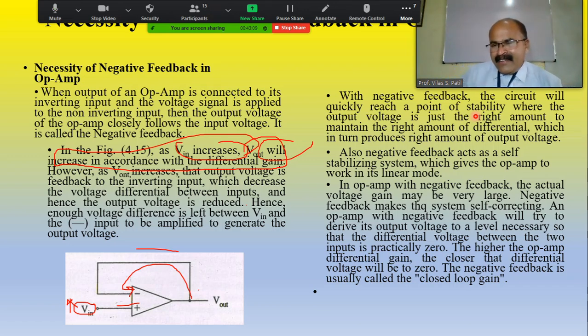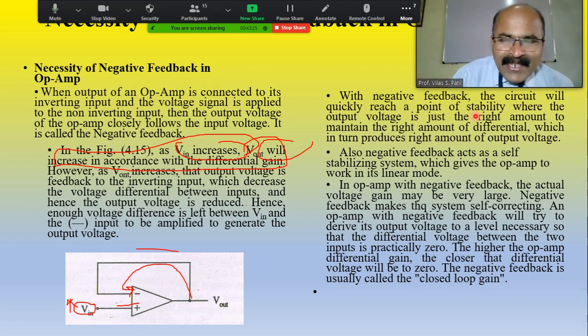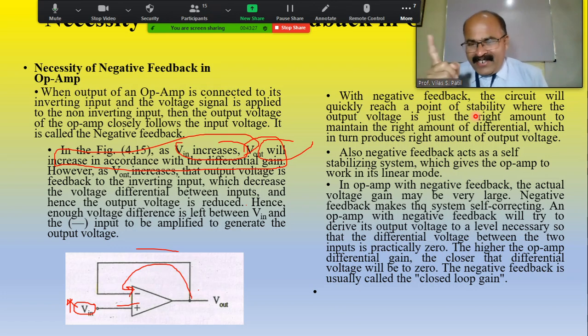It means that if the input is high, the stabilization process tries to keep the output constant. If the input is low, here also the UPS system tries to keep the output constant.